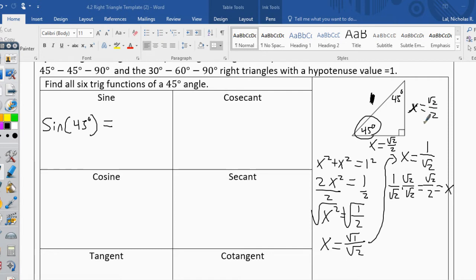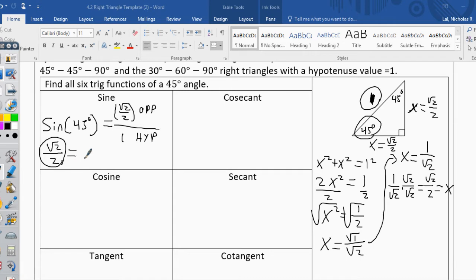Root 2 over 2, so that's the opposite side. And what's in the denominator? 1. Why? Because 1 is the hypotenuse. The sine of any angle is the opposite side over the hypotenuse. So root 2 over 2 over 1 is just root 2 over 2.